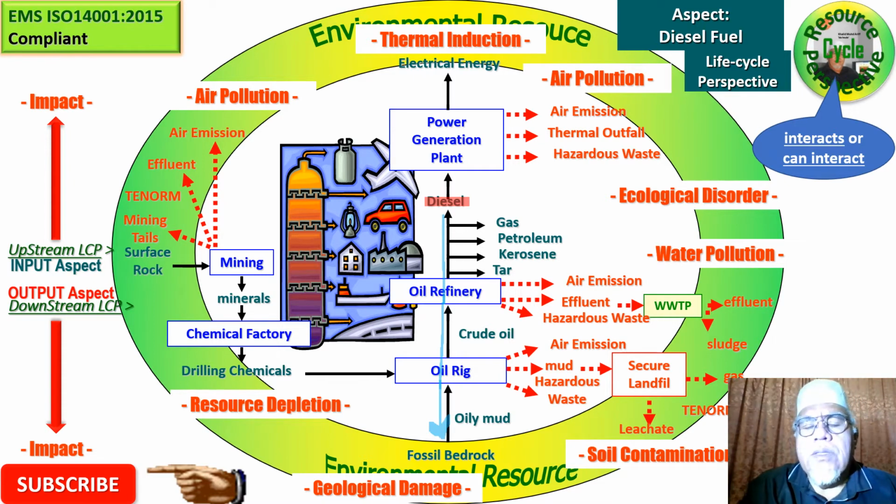And diesel originates from what? The oil refinery, the fluid catalytic cracker, correct me if I'm wrong. And it generates all sorts of other petroleum products like tar, kerosene, petroleum gas, naphtha, etc. You know it.